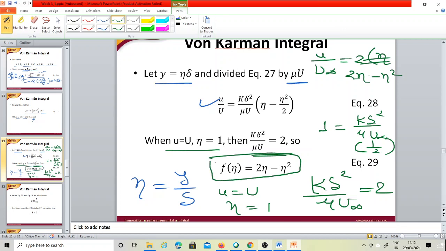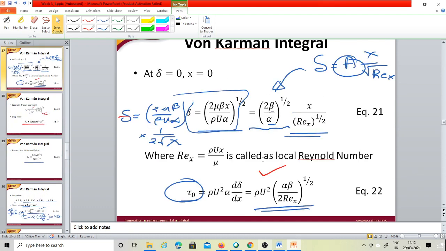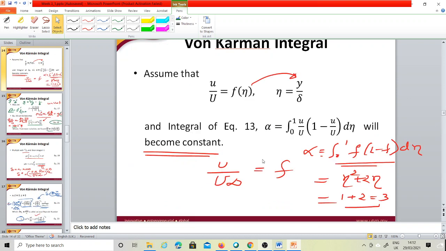Okay. You can see we simplified the equations like this now. If you have this one, then you just substitute the f. You already got the f in terms of eta, right? So now go to equation 29, equation 13, to calculate the value of alpha.